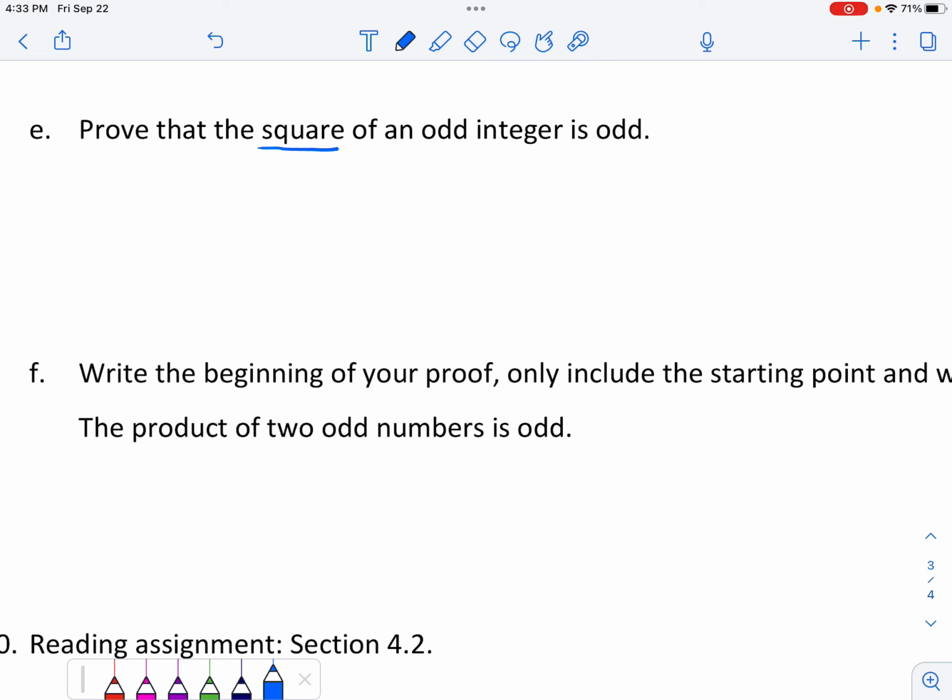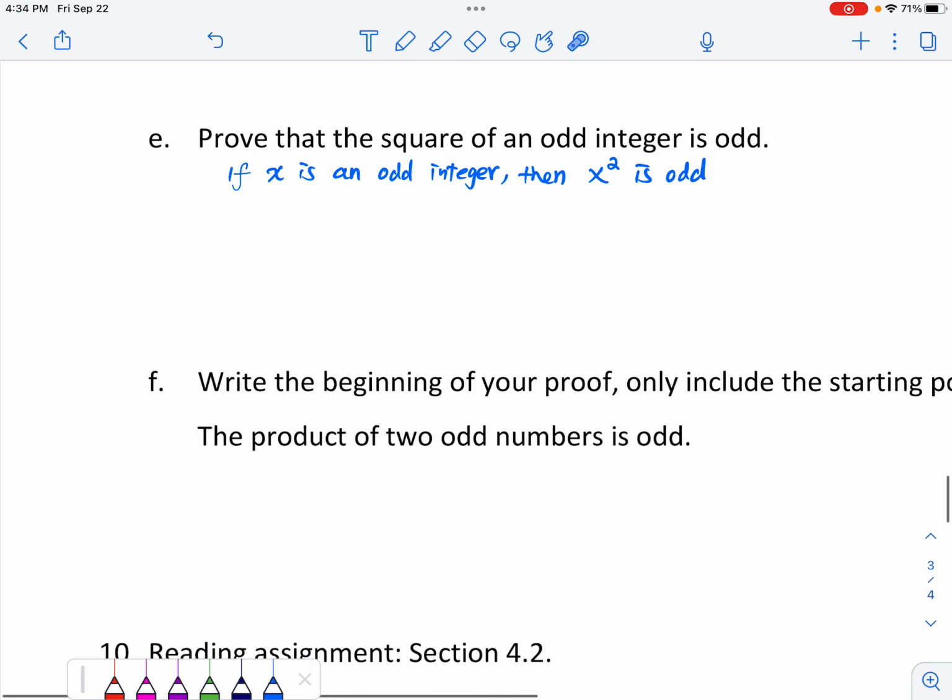So therefore, I'm going to rewrite this: if x is an odd integer, then its square, x squared, is odd. Okay, so this is my conditional statement.